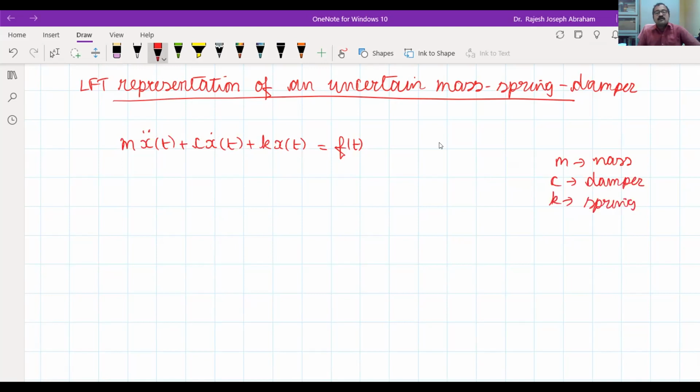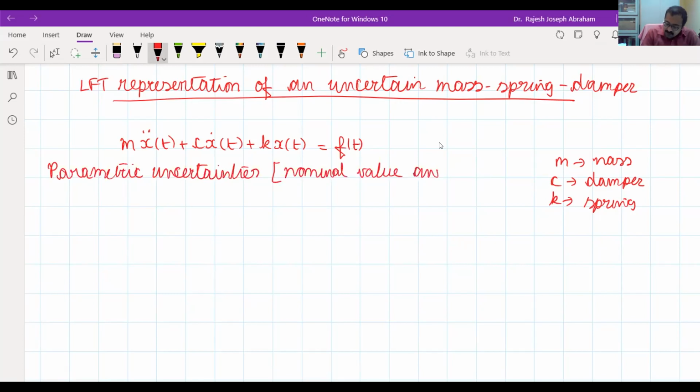Now assume that there are parametric variations in all the terms: mass, damper, and the spring constant K. Parametric uncertainties. That means their nominal value and the range of possible variations are given.